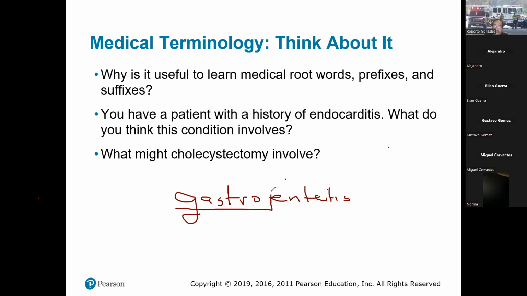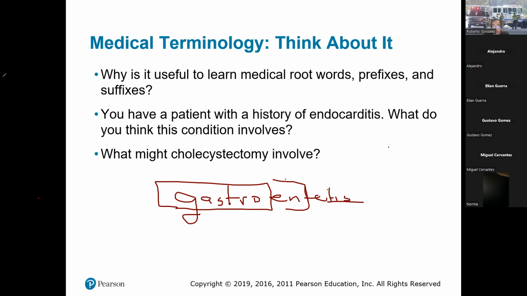Gastro is the gastrointestinal system. Entero is within, and itis is inflammation. So as a doctor, you come up to me with severe stomach pain.